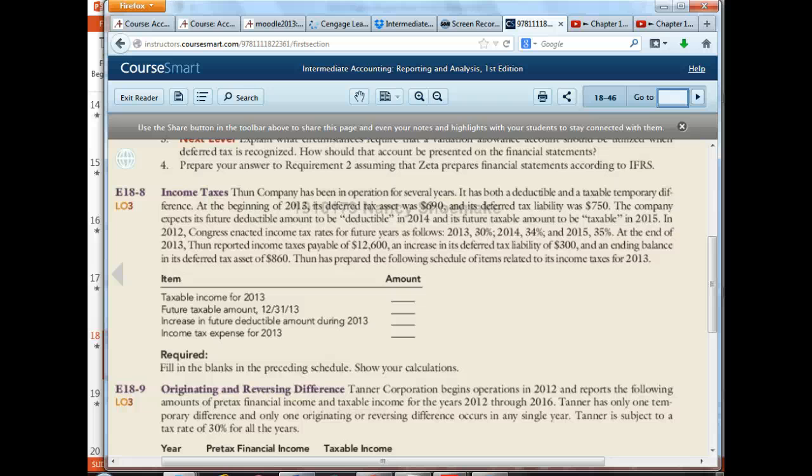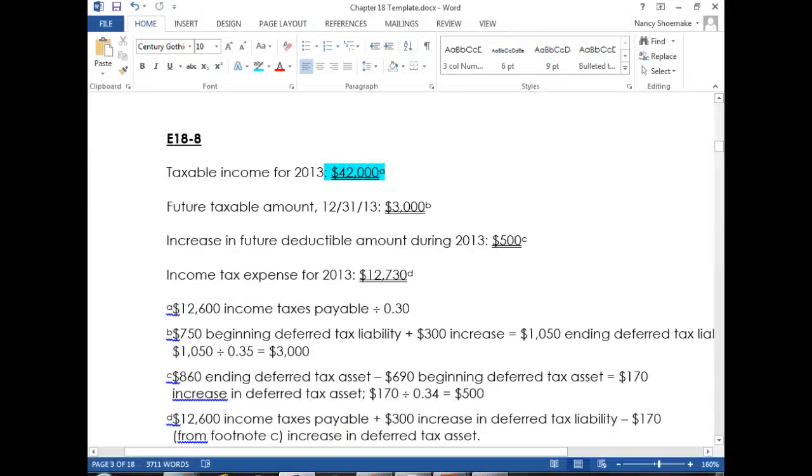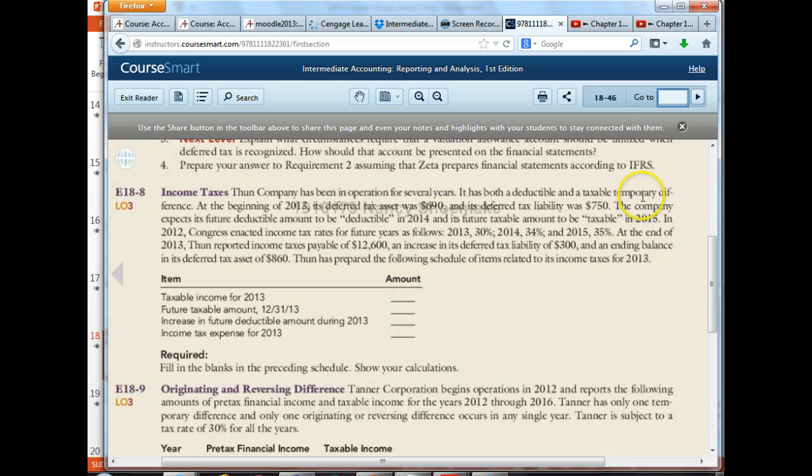So what do we think its future taxable amount is at the end of 2013? How do we get $3,000? We started with a $750 beginning deferred tax liability, right? Does it say $750 deferred tax liability? You see that there?